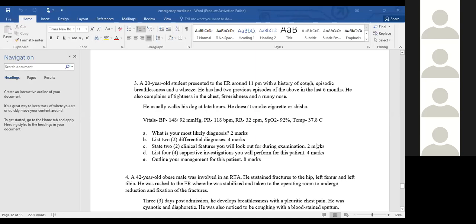Smoke, cigarette? He doesn't smoke. Okay. There's infection. Excellent. Why? Because of the feverishness, the temperature of 37.8, and the runny nose. So there's some form of infection.